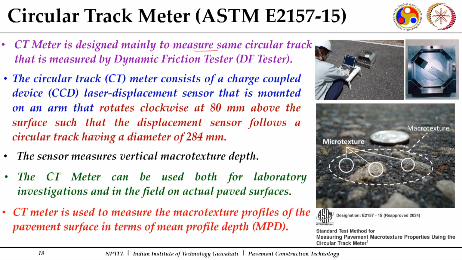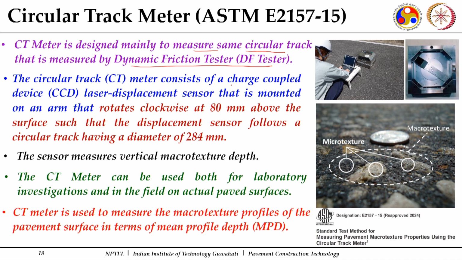So, we prefer to run it over the same track that is used for the dynamic friction tester, because there we got the friction with respect to speed, and we want information about the texture of the surface also. So, it is run mainly over the same track where we have run the dynamic friction tester.